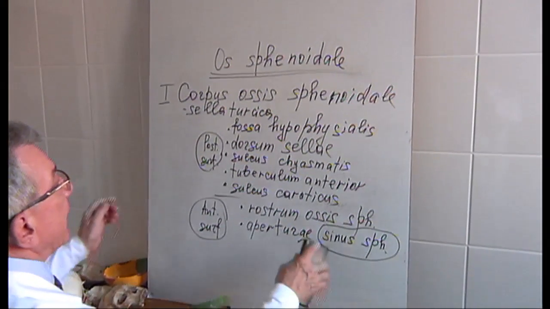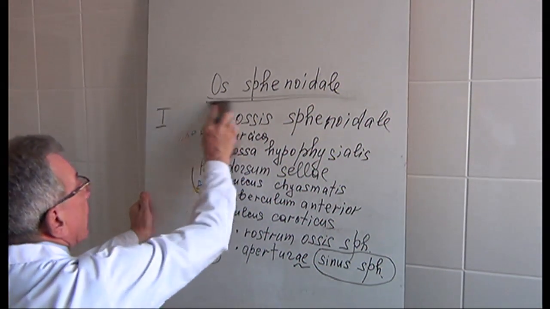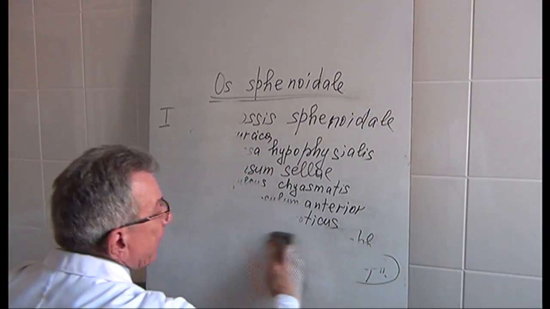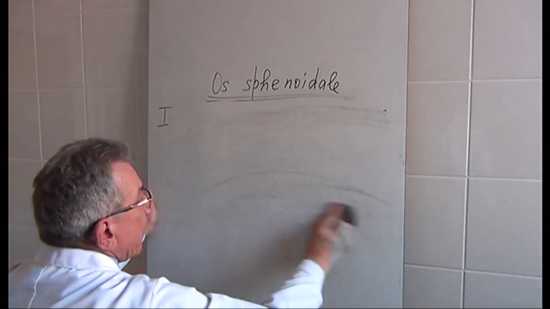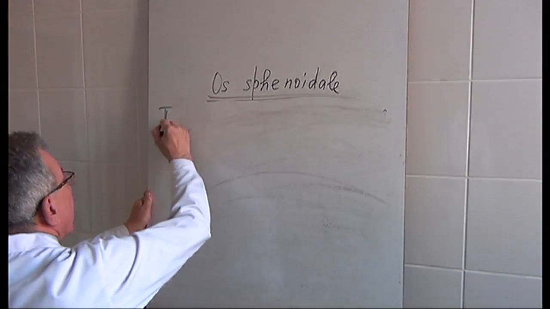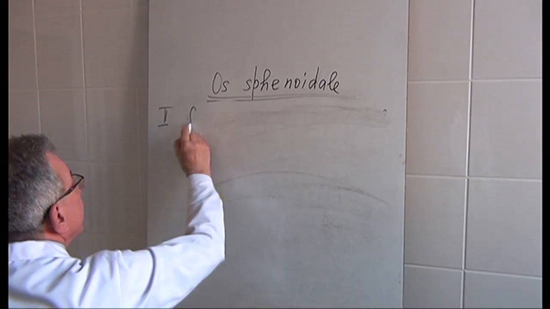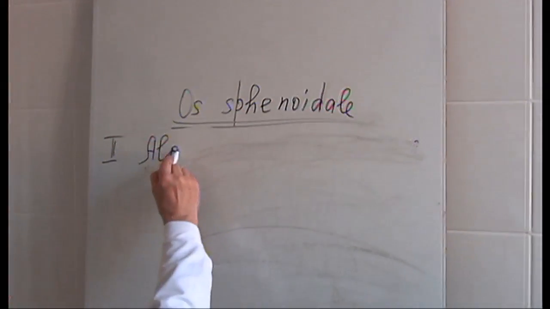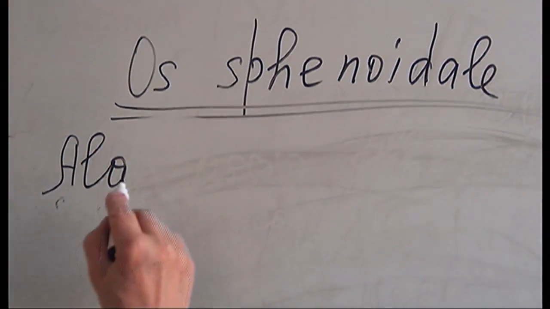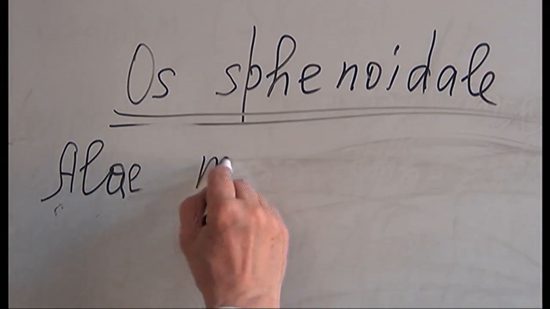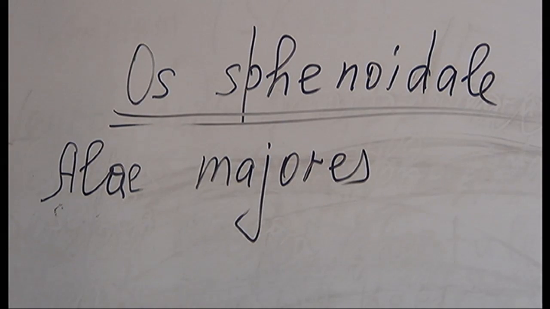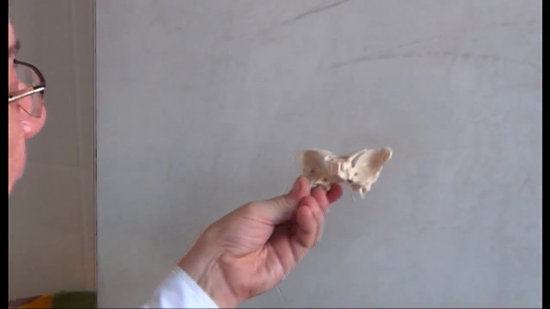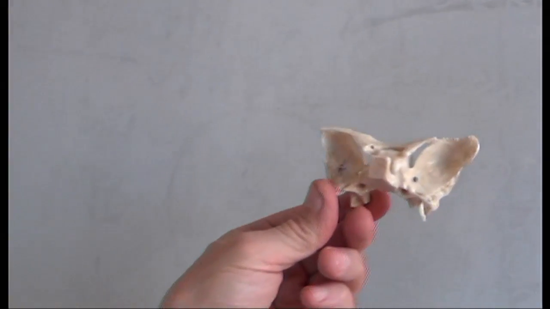And now let's try to describe the second part of os sphenoidale, which is named alae, ala in singular, in plural alae maiores, large wings. Os sphenoidale looks like a butterfly.